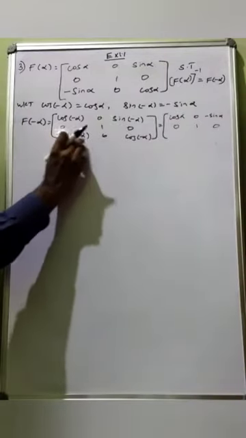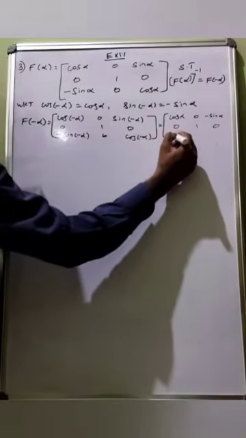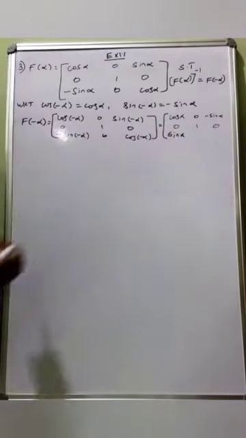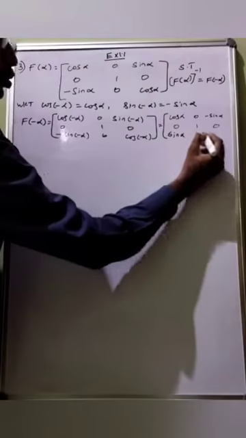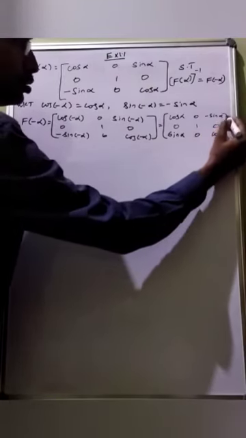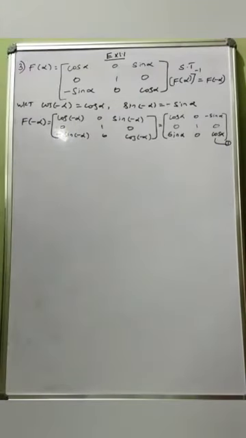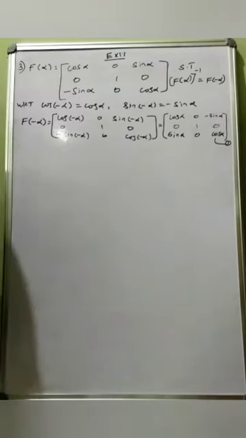For the last row, minus sin of minus alpha: already minus, so minus minus is plus sin alpha, 0, cos alpha. It is equation number 1. F of minus alpha we find: first row cos alpha 0 minus sin alpha, second row 0 1 0, third row sin alpha 0 cos alpha.